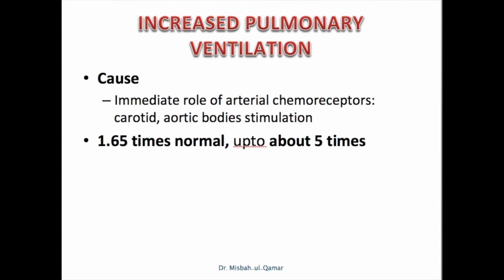The cause for increased pulmonary ventilation at high altitude is the hypoxic stimulation of respiratory centers through peripheral chemoreceptors. This compensation occurs within seconds for the high altitude, and this alone allows the person to rise several thousand feet higher than would be possible without the increased ventilation.